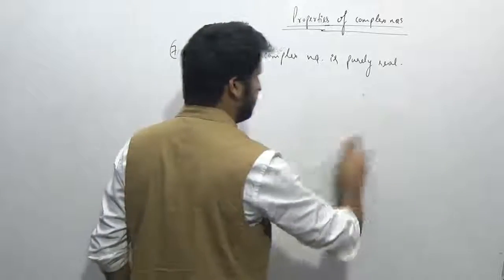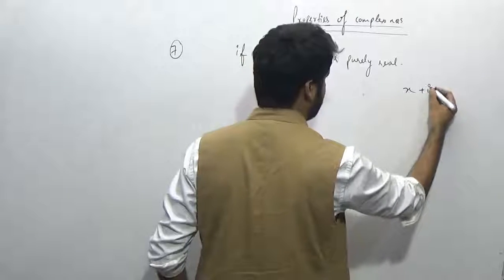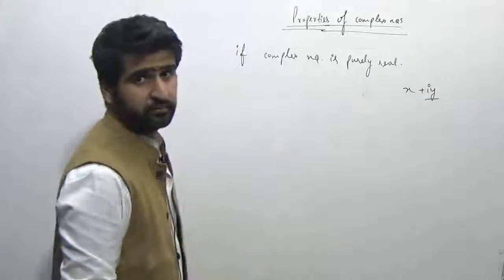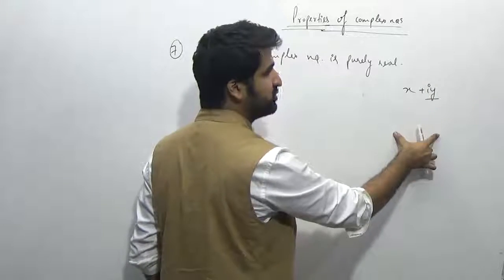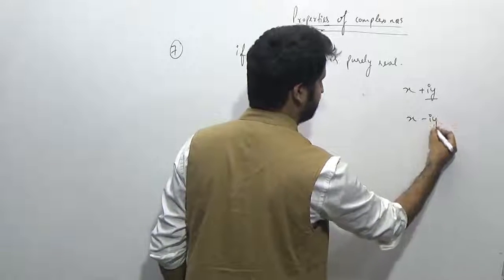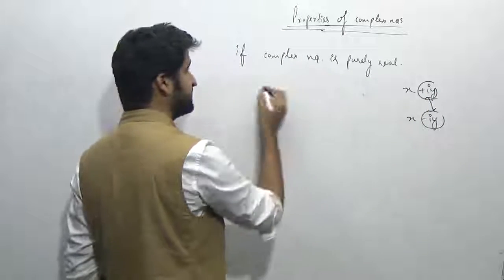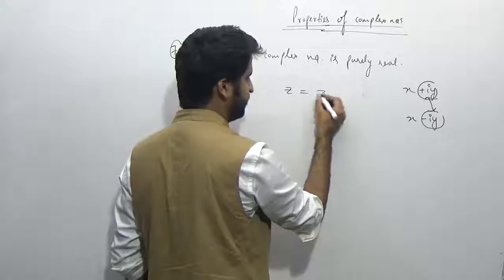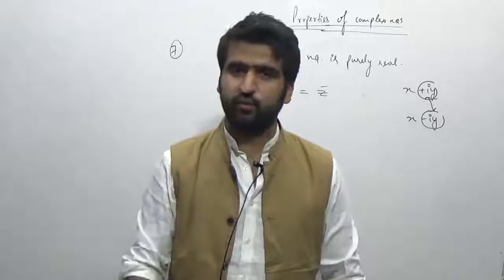If the complex number is purely real, like x plus iota y is purely real, we know that there will be no imaginary part over here. So we can say that the complex number will be equal to its conjugate, because there is no imaginary part, x minus iota y. This plus iota y or this minus iota y will make no difference. So we can say that if the complex number is purely real, z is equal to z conjugate, because there will be no imaginary part and that will make no difference.